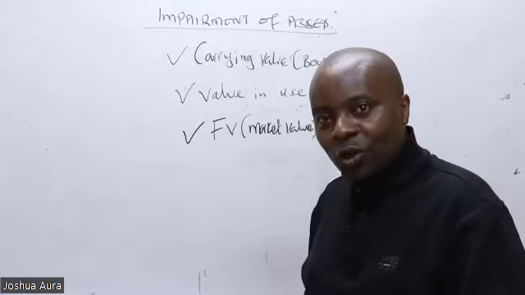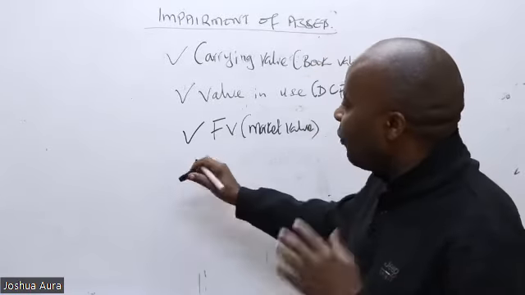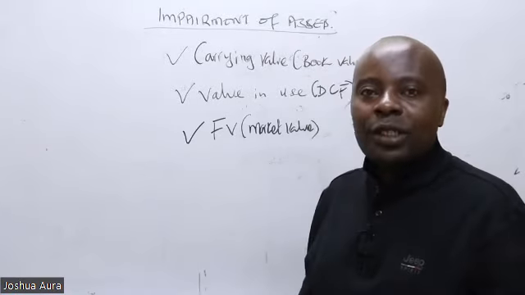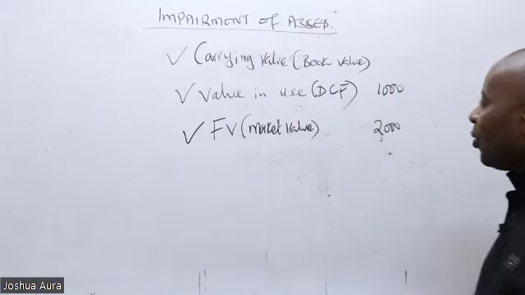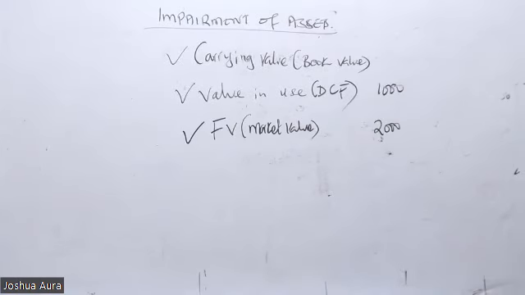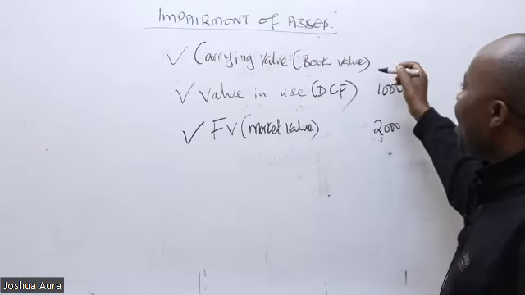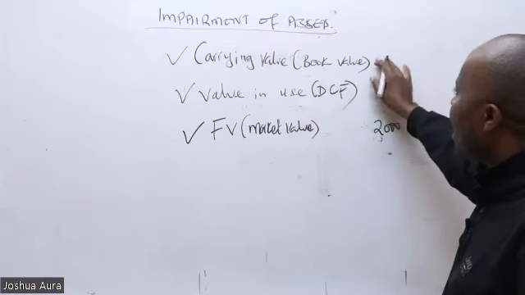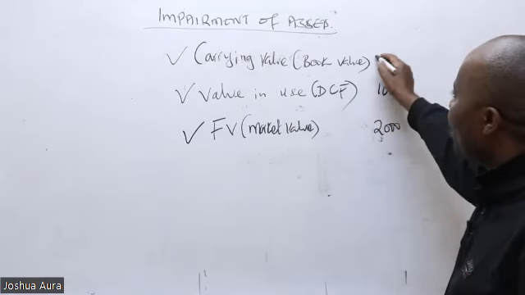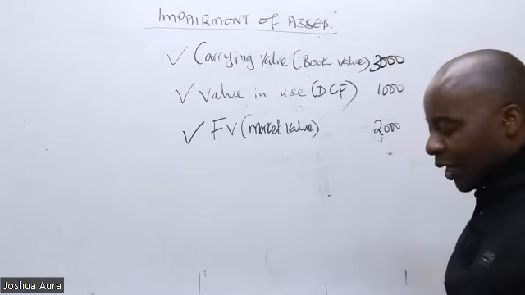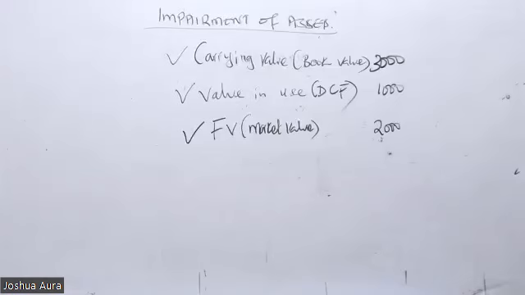You must deduct this from its fair value, less costs to sell. So we have 2,000 there. And then the carrying value of this asset in our books is 3,000.